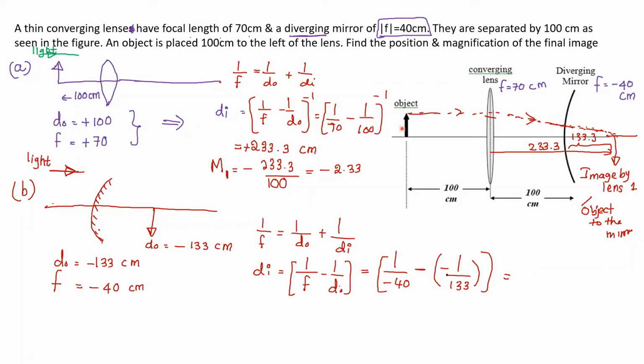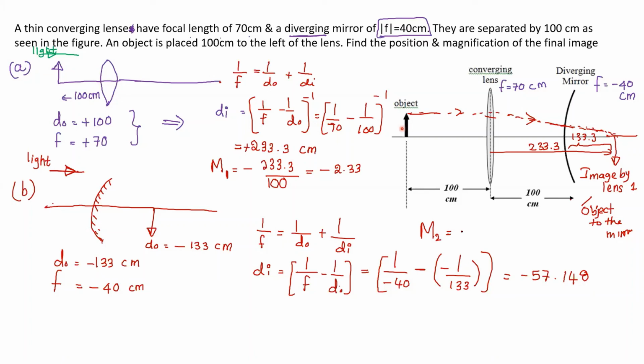So when you do this, you see there are two negatives. These two negatives will become positive, and here you have a negative. So you will get negative 57.148. And for the magnification, I will write it here, M2.